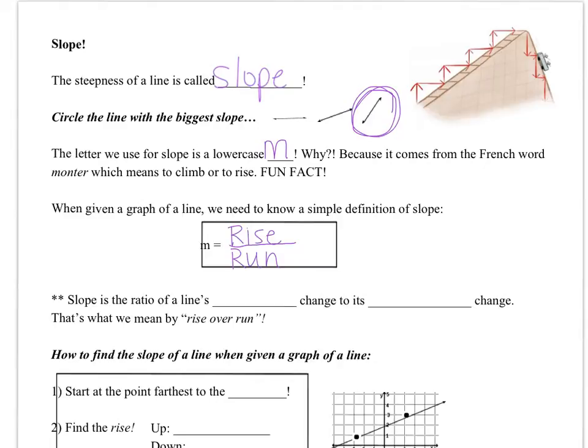The slope is the ratio of a line's y change. So on the y-axis, if you think of our coordinate graph, remember whenever we're doing rate of change, we're always looking first over here at the y-axis, and then we're comparing that y change to its x change. So again, rate of change, we compare the y to the x.